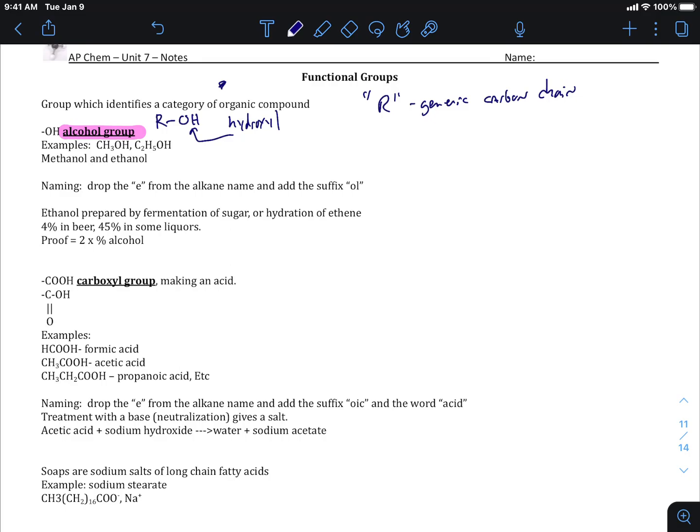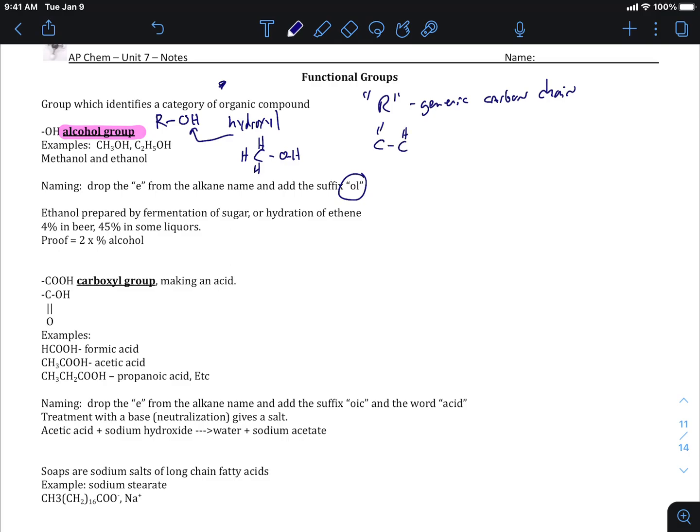So whenever you have OH attached, so methanol would be drawn this way, right? So how do you name it? Well, you find how many carbons there are, you use that prefix, and you end it with "ol," the suffix, right? So instead of methane, it's methanol.